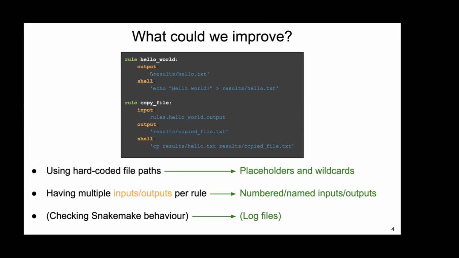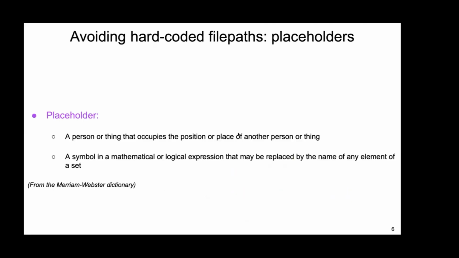So for example, if I change this path here, but I don't change it here, then this rule will produce an output that is not the same as what is in here, and that will trigger an error and stop the workflow and things like that. And so we're going to start focusing on the usage of placeholders and wildcards, and more specifically, we start with the placeholders.